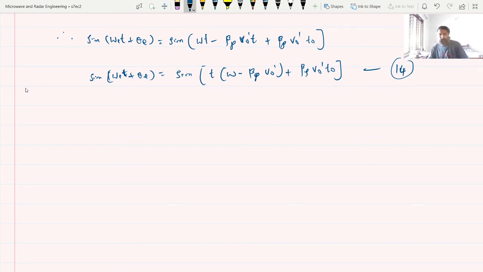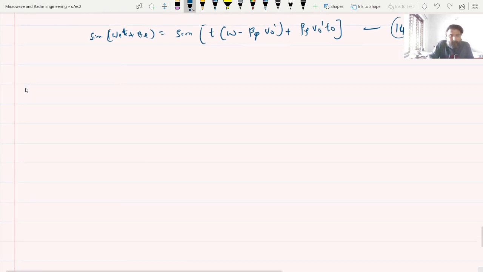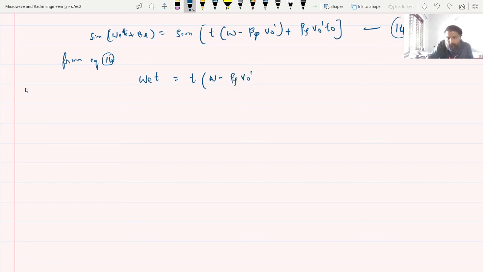So from equation 14, omega_e t is nothing but t into (omega minus beta_p V naught dash). The t and t get cancelled, so omega_e is nothing but omega minus beta_p into V naught dash.